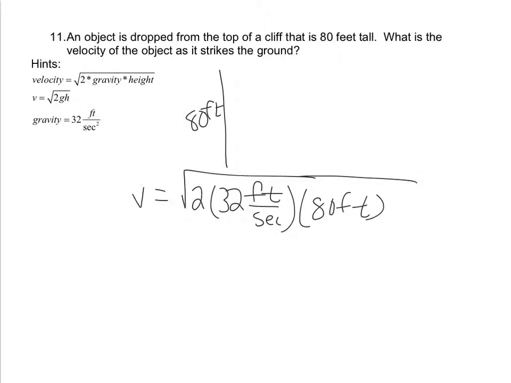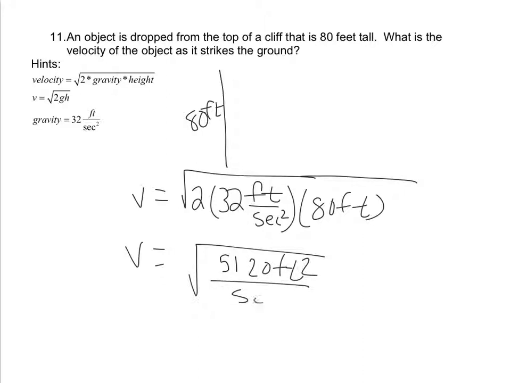Okay? Feet per second squared, sorry. So now we have velocity equals the square root, and multiply all those out. So 2 times 32 times 80. You get 5,120, and now we have feet squared over seconds squared. So when we go to square root, the feet squared and the seconds squared are going to change to feet.